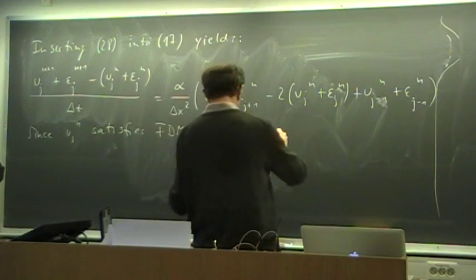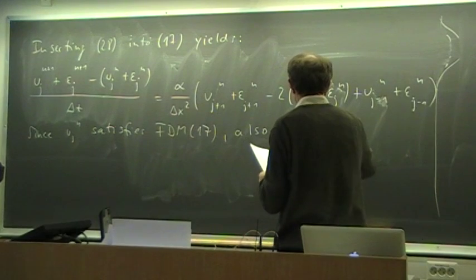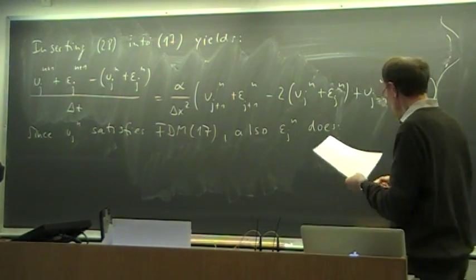So then also epsilon jn does satisfy the finite difference method.